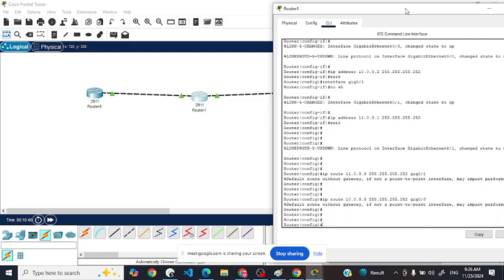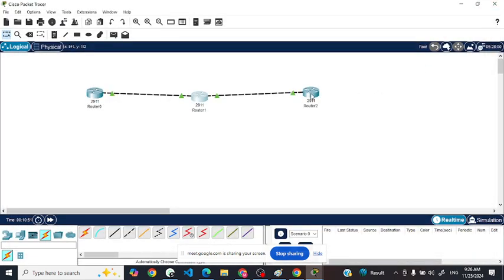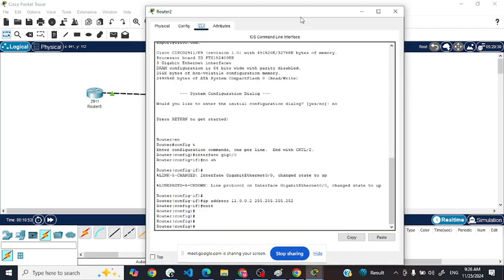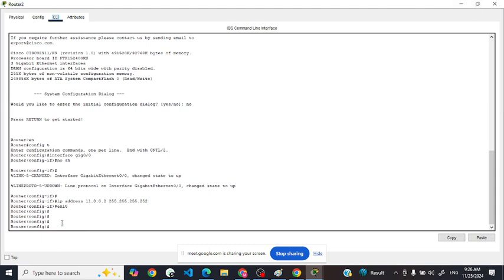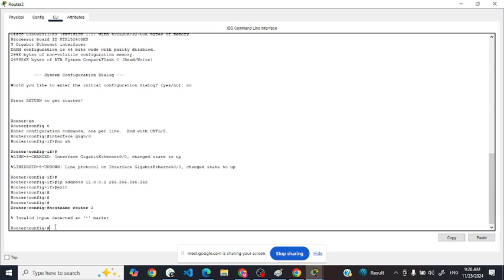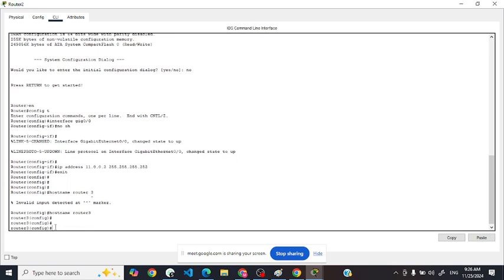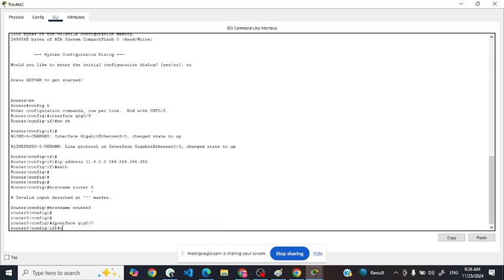Okay, so we have configured the static routing here also, and now it is time to give the static routing on router 3. Okay, interface gig 0/0. We have already configured the IP addresses, I think.